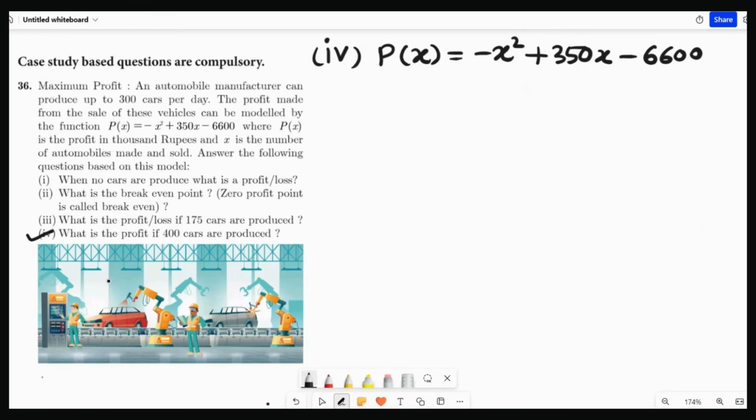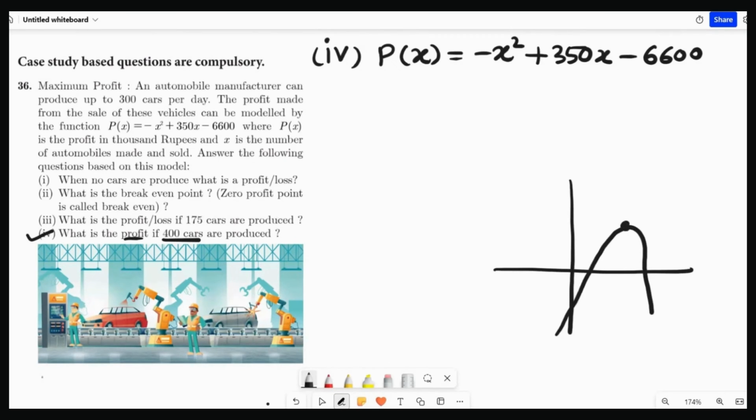Now the last question of this case study: what is the profit if 400 cars were produced? Very simple. We have seen the graph, how the graph went. The vertex is at 175, which means when 175 cars are produced, there is a maximum profit. The y-axis represents profit, and the x-axis represents the number of automobiles manufactured or sold.